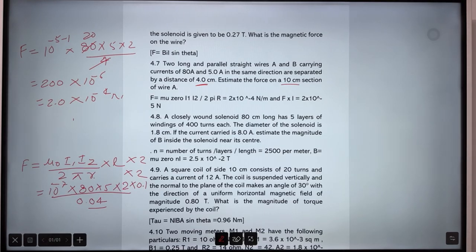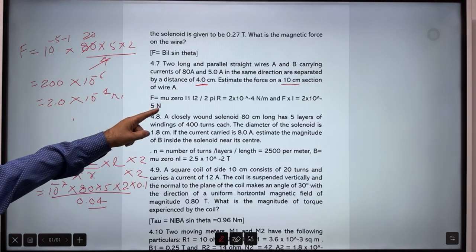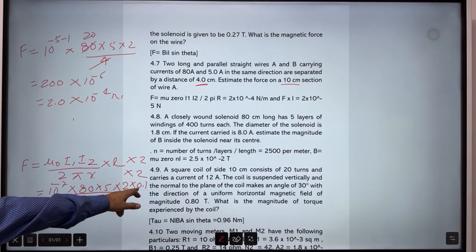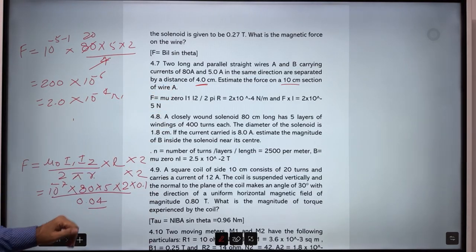We can recheck it if there is any problem. F equal to mu naught I1 I2 upon 2 pi r. Here we are given the values, mu naught upon 4 pi, which we have multiplied, that is 10 power minus 7. I1 is 80, I2 is 5, then twice the length, 10 centimeters, so 0.1 into 2, divided by the separation 4 centimeter.